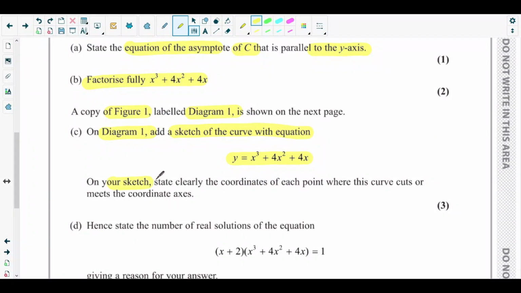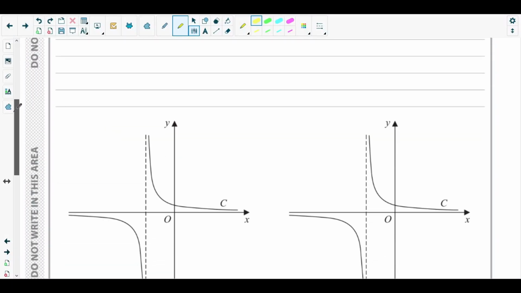On your sketch, state clearly the coordinates of each point where this curve cuts or meets the coordinate axes. So we need to sketch the cubic curve and state the coordinates where it intersects the x and the y axis.